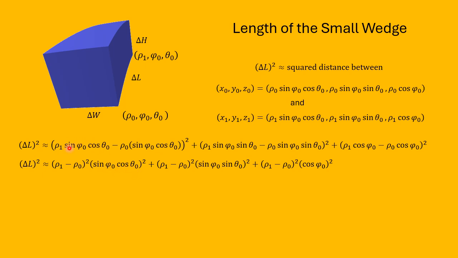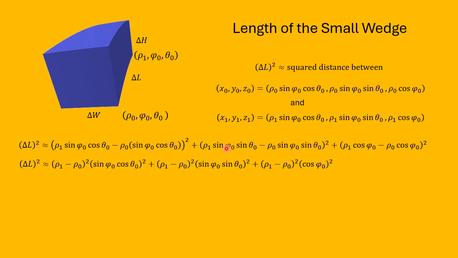We have a ρ₁ sin θ₀ cos θ₀ here, and we also have, somewhere else, I guess right here, the same sine and cosine factors that we have here. So basically we factored out what? ρ₁ − ρ₀ from this. We factored out the product of the sine and cosine from each of these, and then we squared it. So that's basically where this came from.